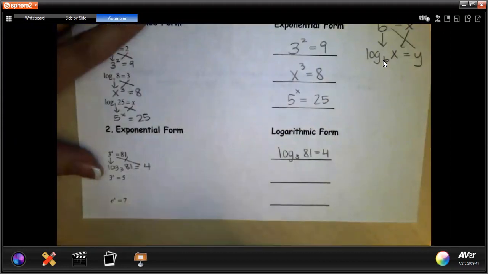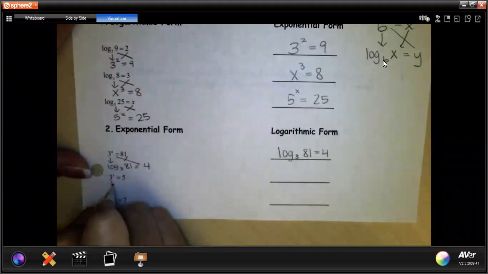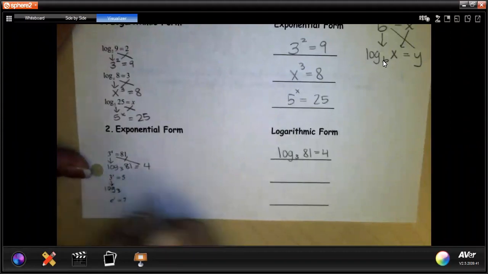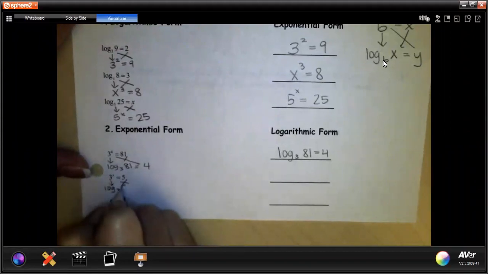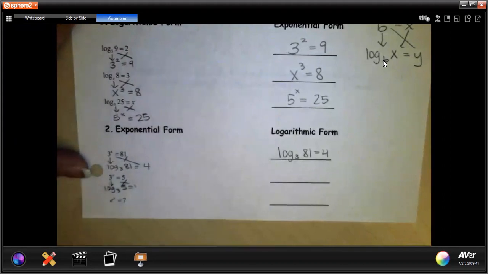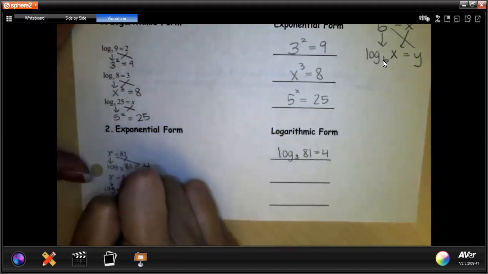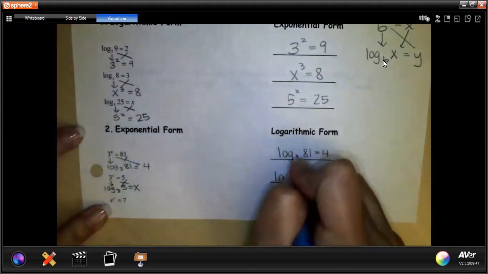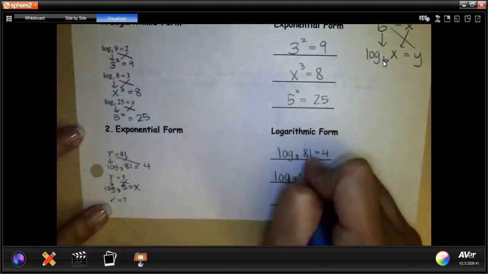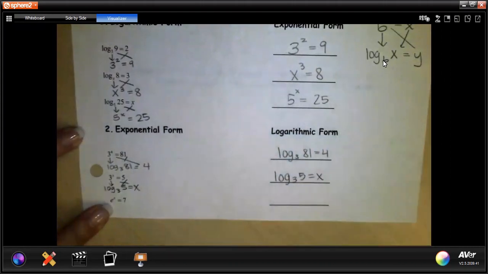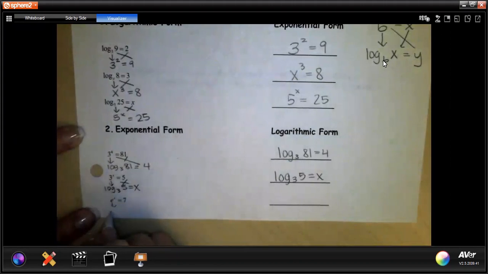All right, so practicing this log, we drop that 3, so we get a log with a base of 3, and then we switch, so we get 5 is equal to x. Log base 3 of 5 is equal to x. And then again here we drop that log base e. This switches, 7 is equal to x.